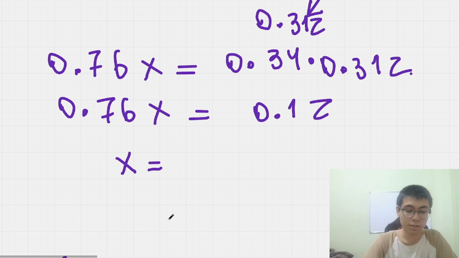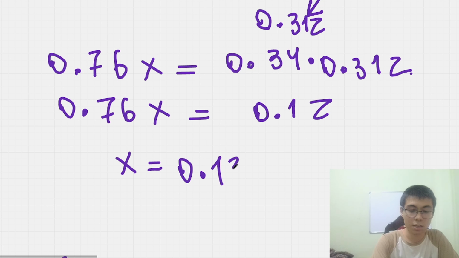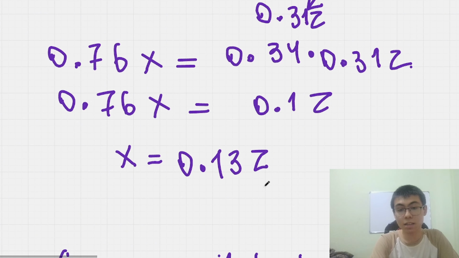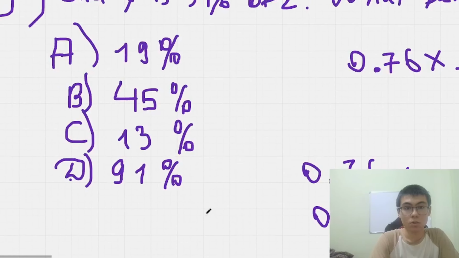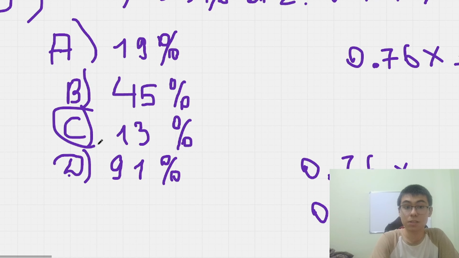So I get 0.13 Z, which means X is 13% of Z. So 13, C is the correct answer.